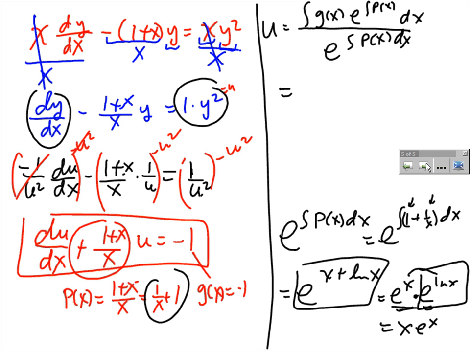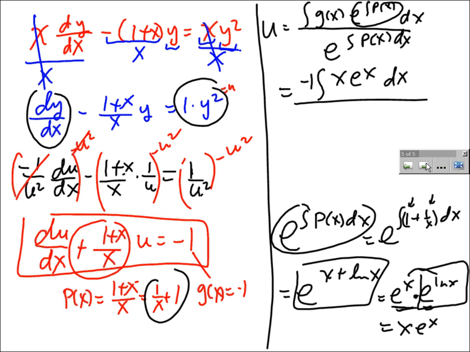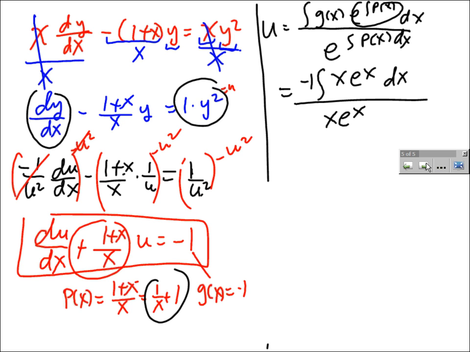So we get g of x, which is negative 1. I'll pull out right in front the negative 1, times this part, which is x e to the x dx, all over this part, which is x e to the x. Okay, let's erase this. That was somewhat scrap work.